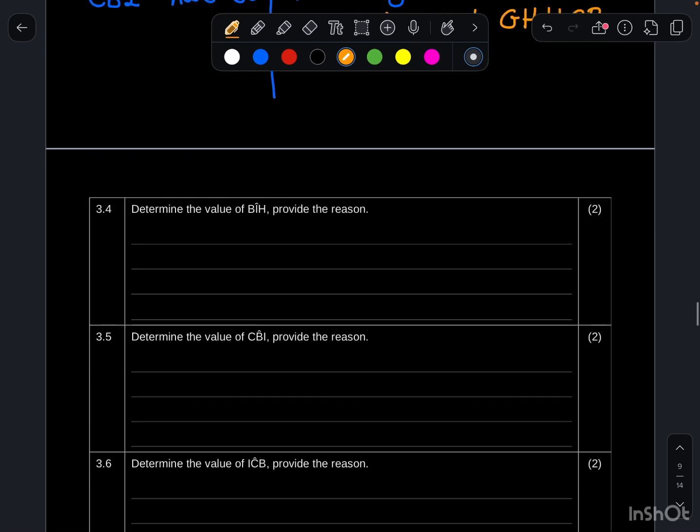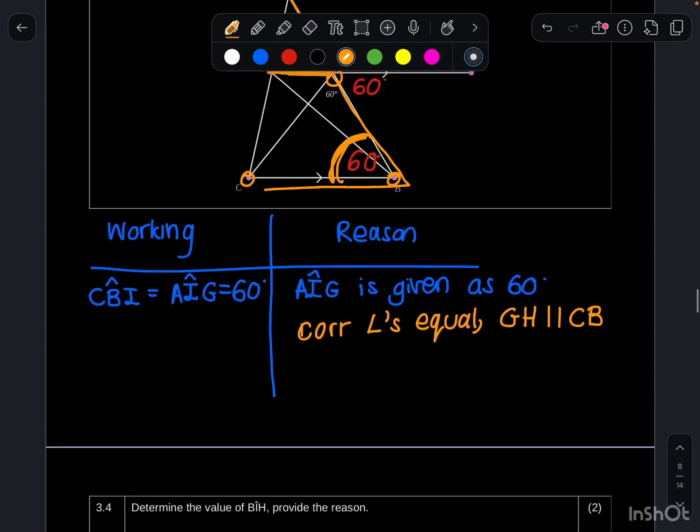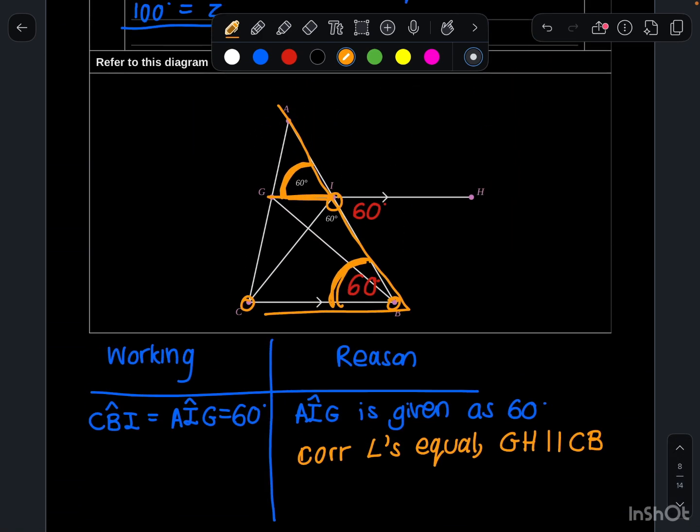Okay, and then let's look at 3.6. Determine the value of ICB and provide the reason. Let's get some space again.